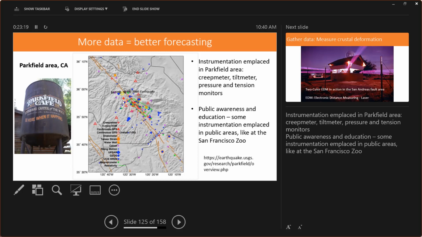Tilt is obviously measuring the angle at which the surface of the land is changing. It's also measuring pressure, which you can do through drilling, and it's measuring tension. Basically, you're installing these two rods in these two areas, and it's measuring the stress as those areas are getting pulled apart.